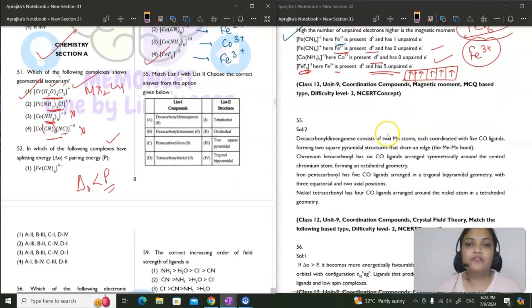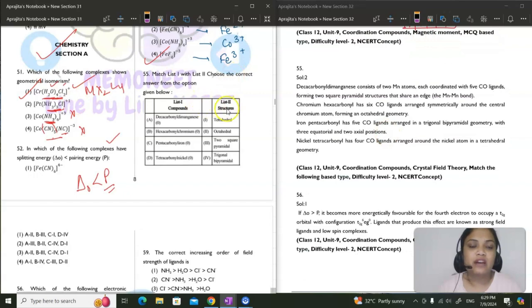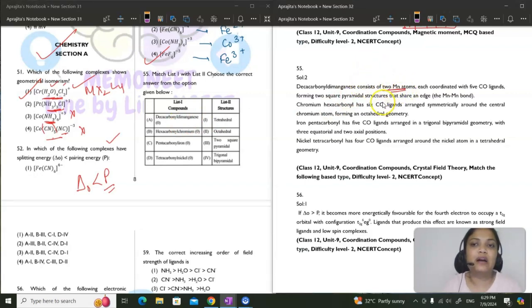Now question number 55. Again we have to match the compounds with their structures. Okay, decacarbonyl dimanganese. It actually has 2 manganese atoms, each coordinated with 5 carbonyl ligands, forming 2 square pyramidal structures, and a metal-metal bond is also there.